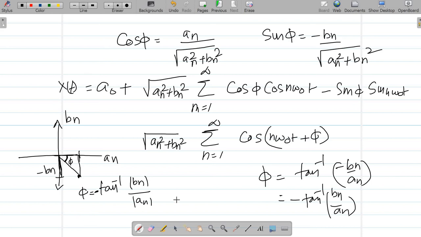So phi is negative tan inverse of Bn by An. So this is yet another representation of Fourier series.